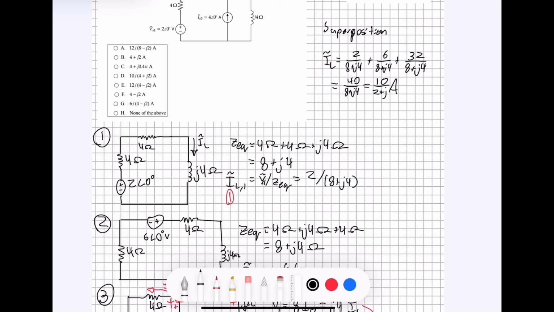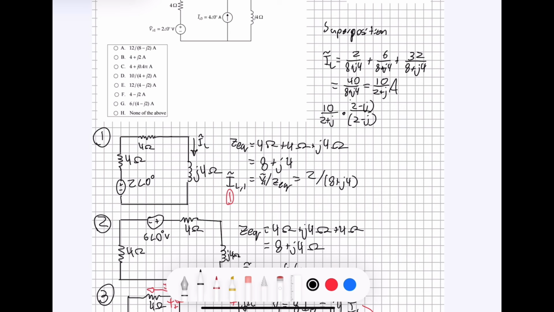So what we have to do in order to find the correct answer in the form that the problem wants us to put it in, we just have to multiply this fraction by the reciprocal of the denominator. Since the bottom is 2 plus j, the reciprocal is going to be 2 minus j.